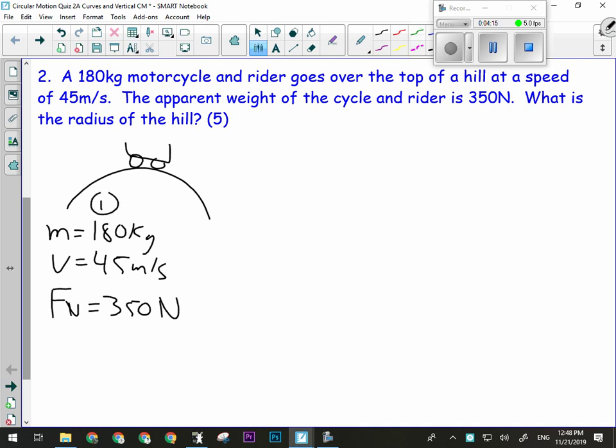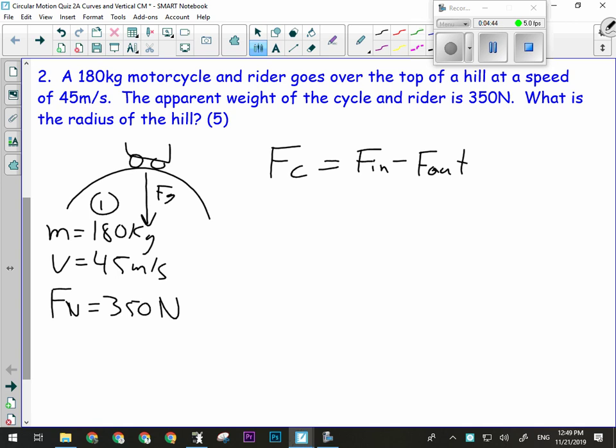1 mark for that. For a vertical circle, Fc is equal to the forces acting into the circle minus the forces out of the circle. So I want to draw a free body diagram so I can figure out which forces are out and which forces are in. What force is that? That's the force of gravity. It's the inward force, because it's pulling the motorcycle onto the hill.